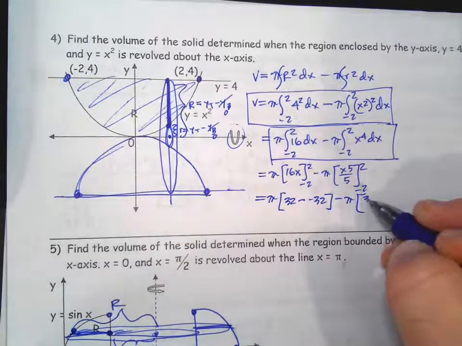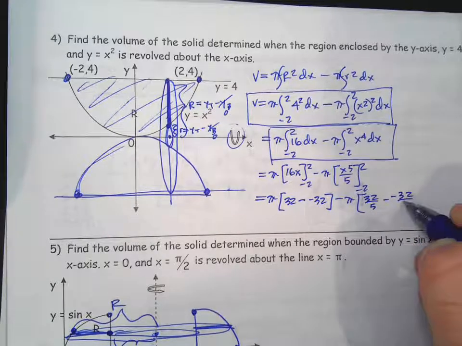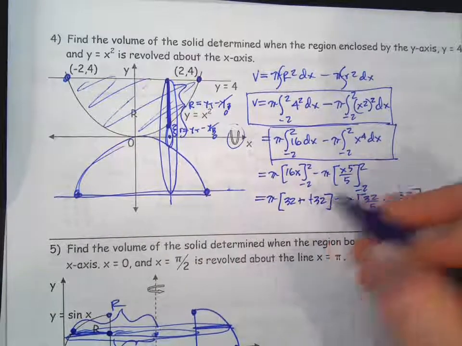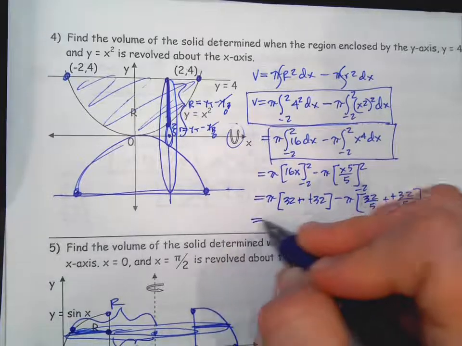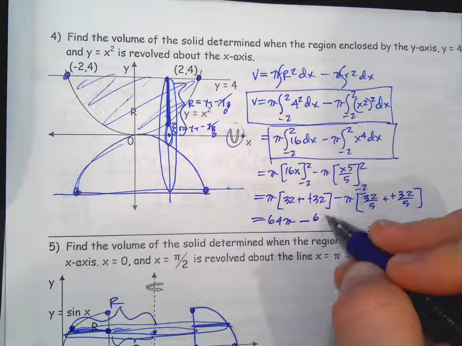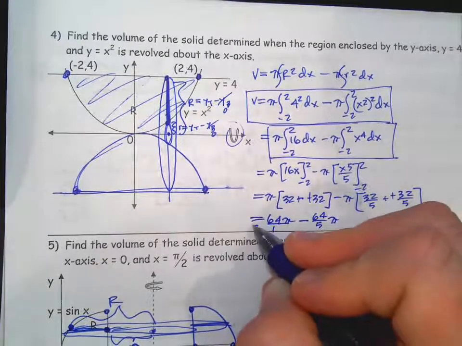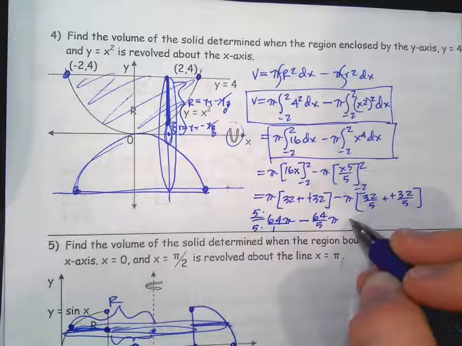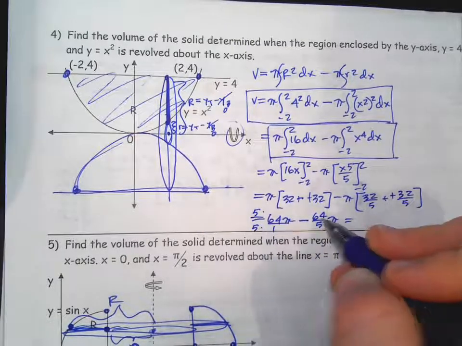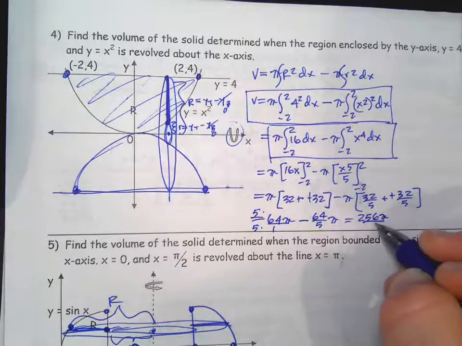That's going to be 32 fifths minus -32 fifths. Minus is plus. So we get 64 pi minus 64 over 5 pi. So least common denominator would be 5. That'd be 320 minus 64 would be 256 pi over 5.